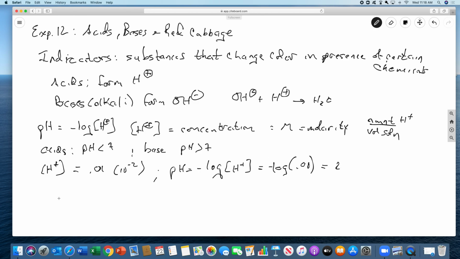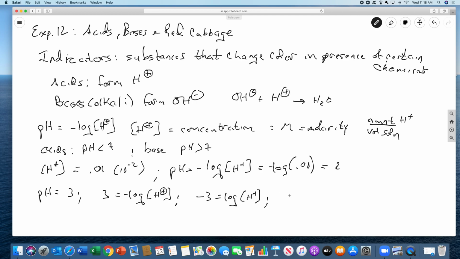All right. You can do this backwards. Let's say the pH is 3. That means 3 is the negative of the log of the H plus. And so then you would say negative 3 is the log of the H plus.